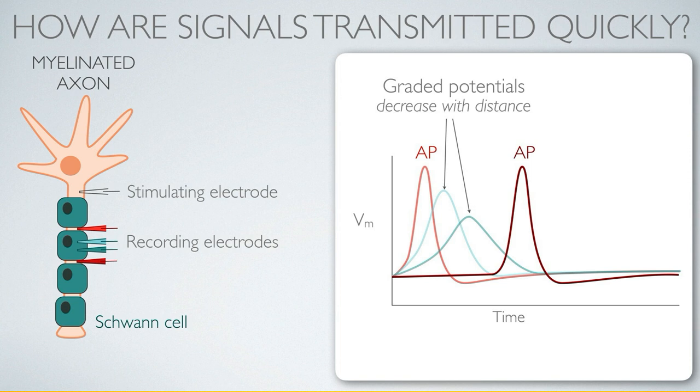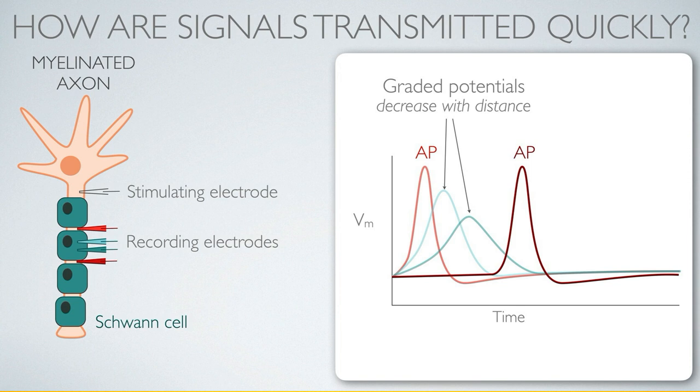And what we see here is because there are no voltage-gated channels within the Schwann cells, within the myelination, we also have graded potentials. And graded potentials decrease with distance because they don't get that sort of boost in depolarization that's generated by the voltage-gated sodium channels.